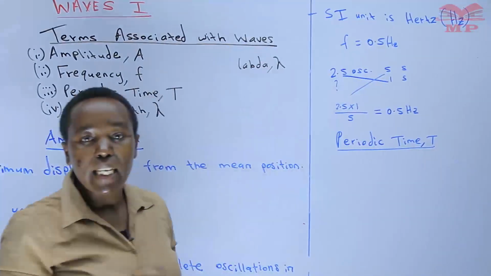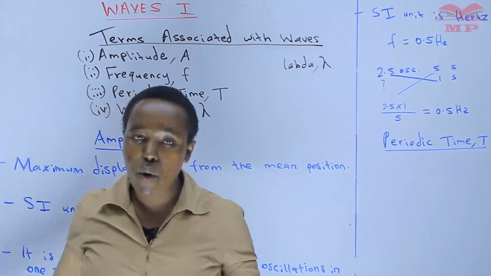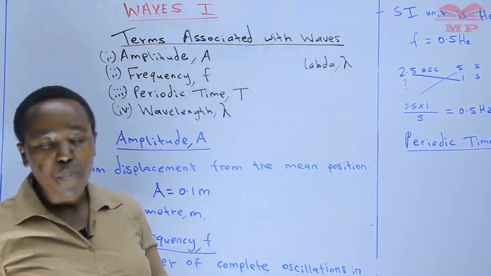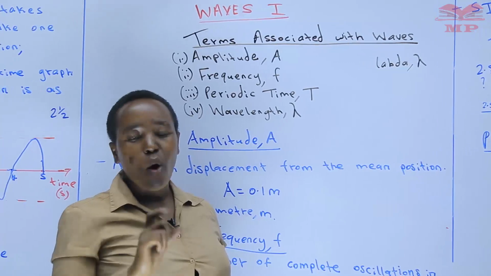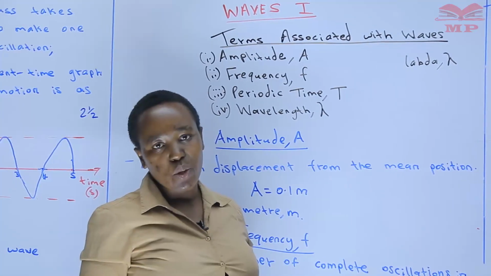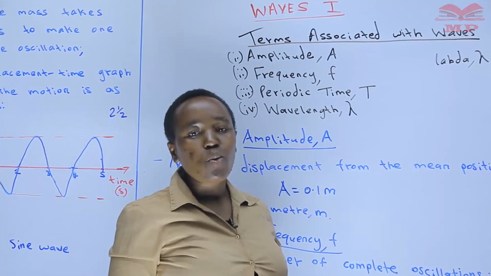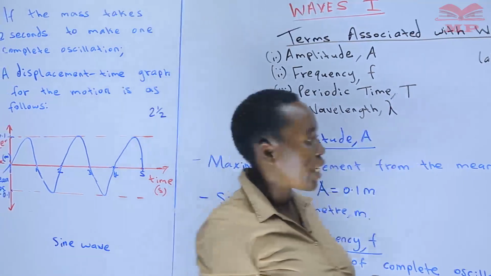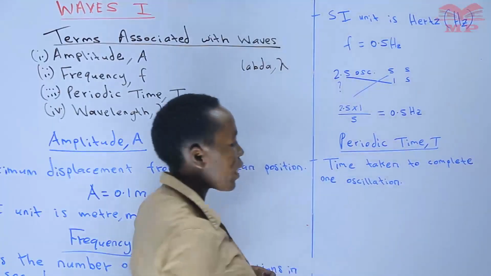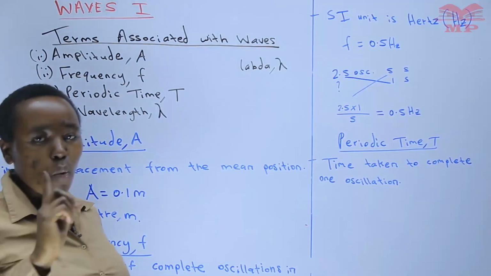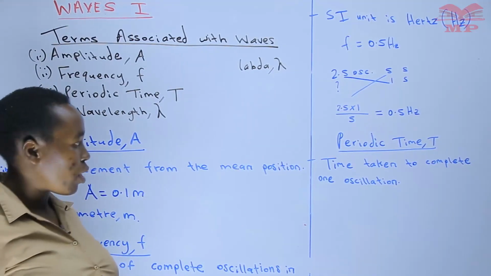Periodic time, we are still referring to our wave here. Periodic time is the time taken to complete one oscillation.